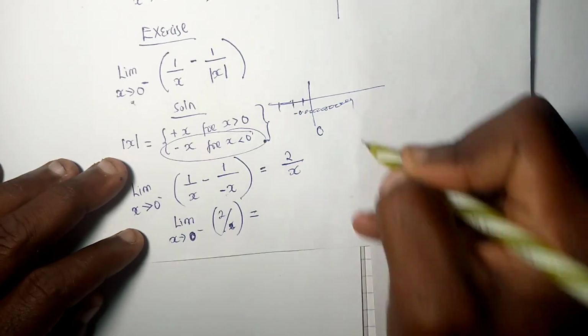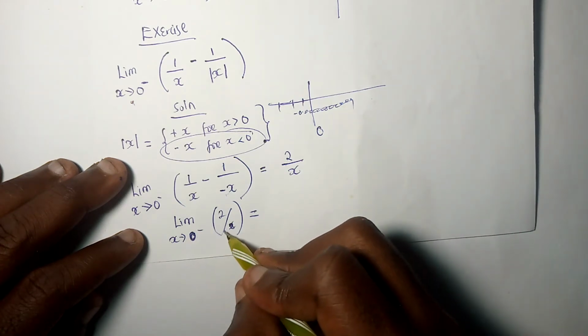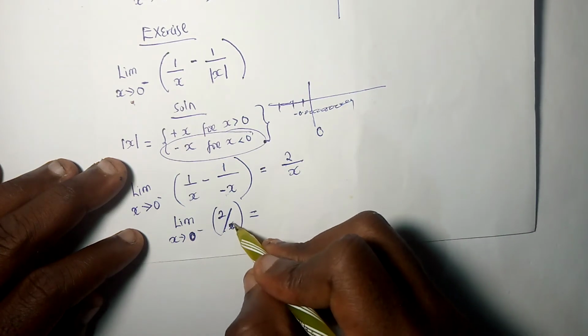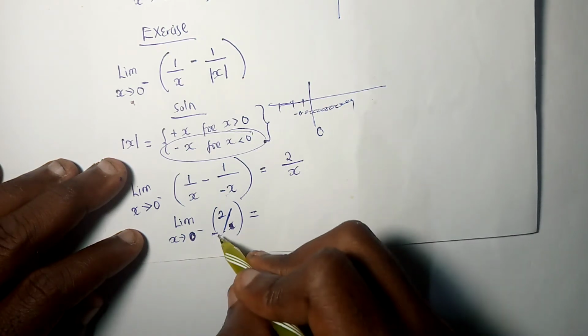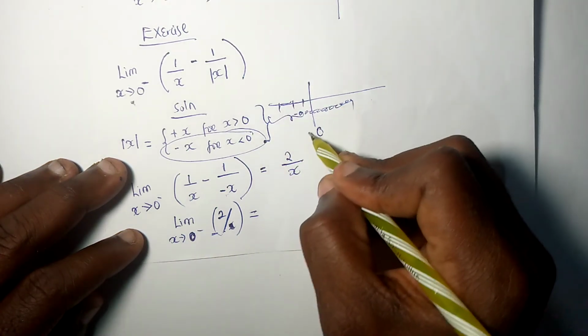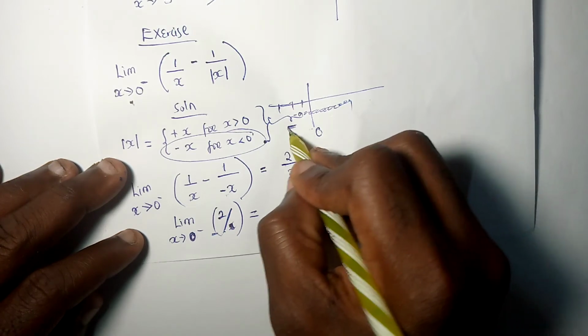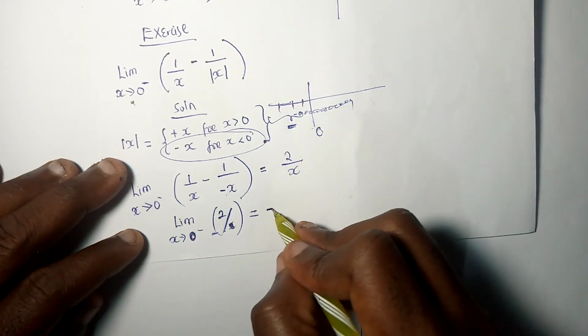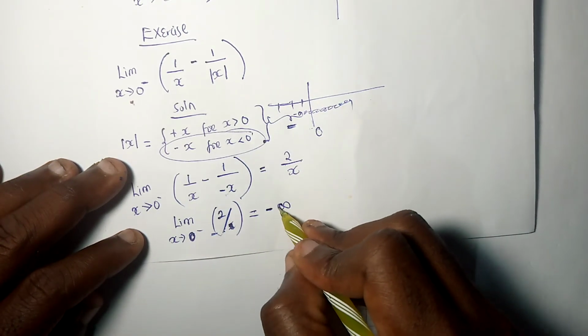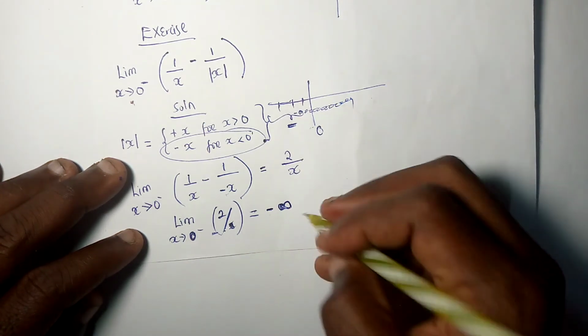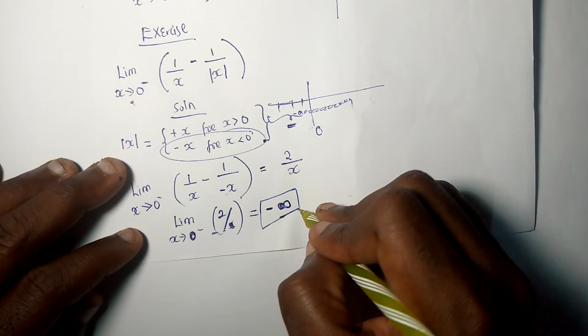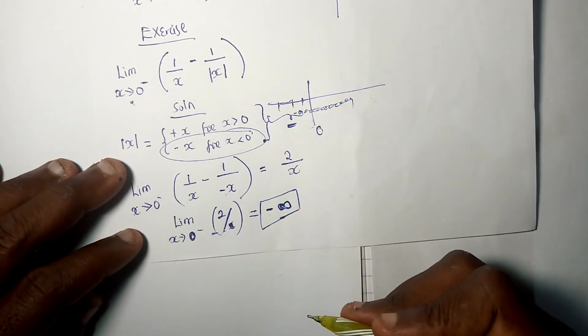All right, so then what it means is that this number is divided by a very small number on the negative direction, yeah? So of course it will be on this side of the number line, which contains negative numbers. So then this is going to be minus what? Minus infinity, because a number divided by a very small number, you get a very large number. So it's going to be minus infinity.